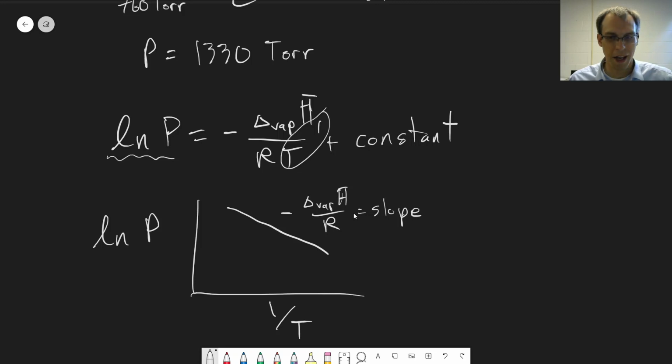This is actually something we're going to do in a lab experiment. We'll measure vapor pressures as a function of temperature. Actually, we're going to change the pressure and measure what the boiling point is. Either way you look at it, we're measuring that coexistence curve, and that'll allow us to determine enthalpies of vaporization of different liquids.